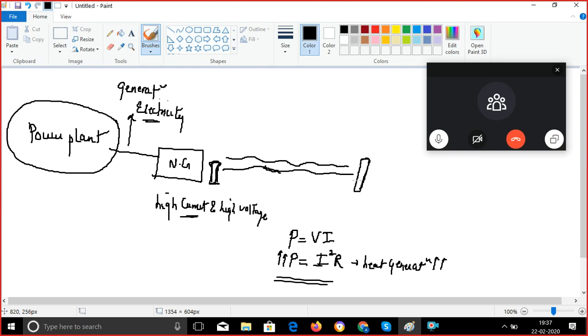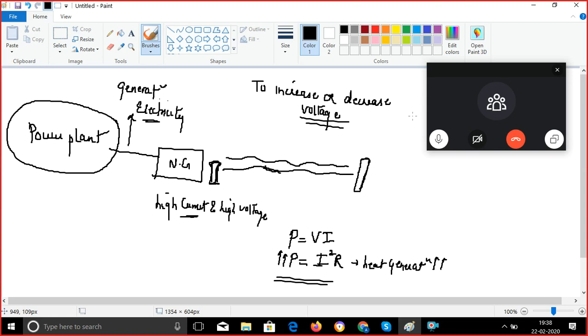So that's the basic work of a transformer, that is to increase or decrease voltage. Is this clear? So the purpose is to increase and decrease voltage.